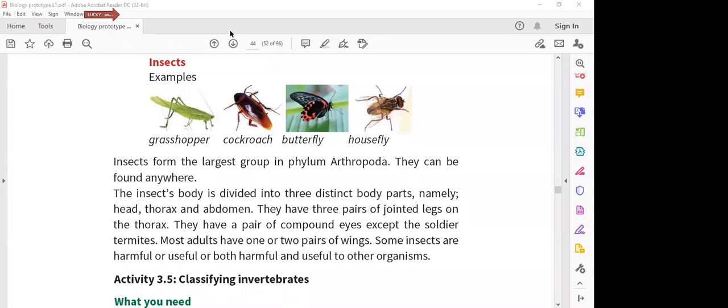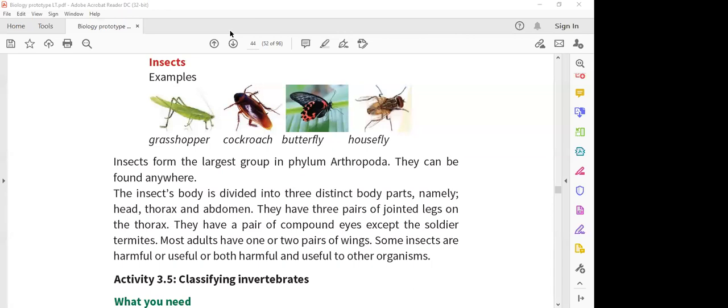They have a pair of compound eyes, except the soldier termites. Most adults have 1 or 2 pairs of wings. Some insects are harmful or useful, or both harmful and useful to other organisms.